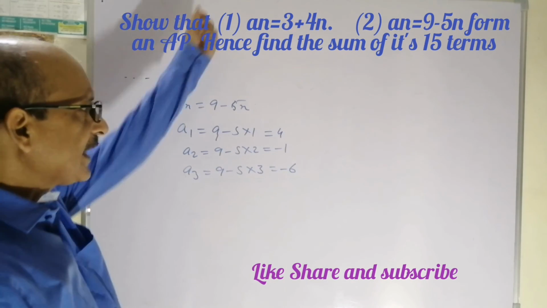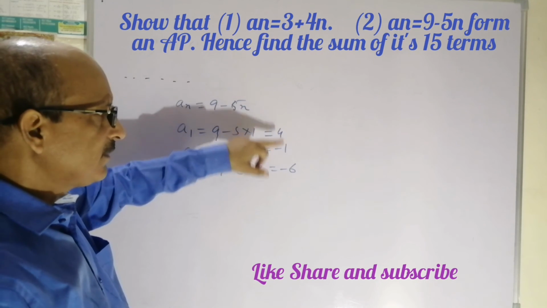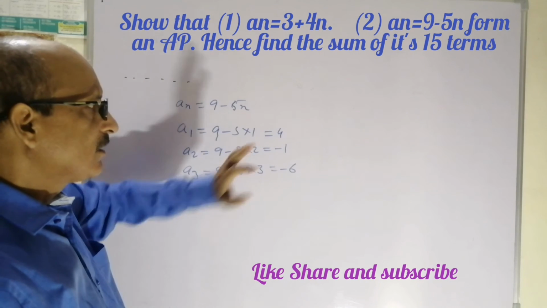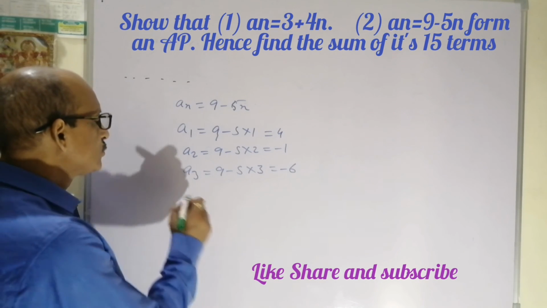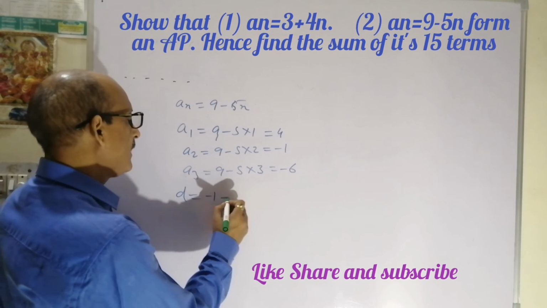So we see here again an AP is generated: 4, minus 1, minus 6. The difference is minus 5. So d is minus 5.